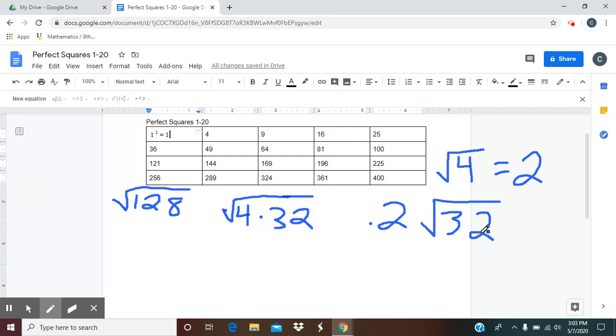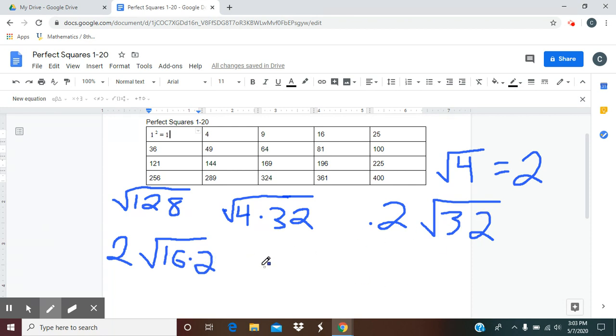I can do 16 times 2. So my next step, I'm going to come down here and start another row. I'll have 2 times the square root of 16 times 2. Do you guys agree with me that 16 times 2 equals 32? That is how I chose to break this up and factor it out.